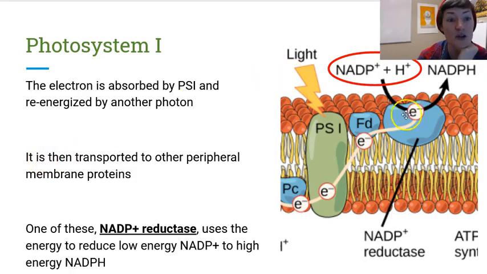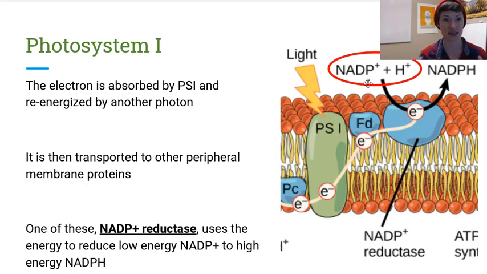Right here, we have this protein complex called NADP plus reductase. It's a pretty long name, but it tells you exactly what it does. NADP plus is a molecule that can accept electrons and carry them to another place.